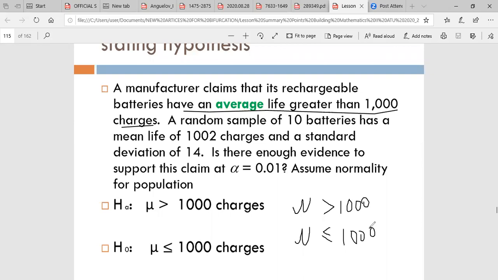The null hypothesis always comes with an equal to. So null hypothesis always moves with what? Equal to. So you check the two statements, which one has an equal to in it. And of course, that is the second statement, okay? So if the second statement contains the equal to notation, that becomes what we refer to as a null hypothesis, okay? So we write it as H null, okay?